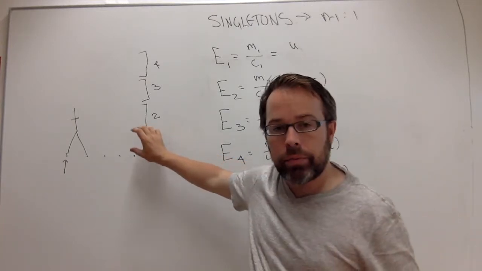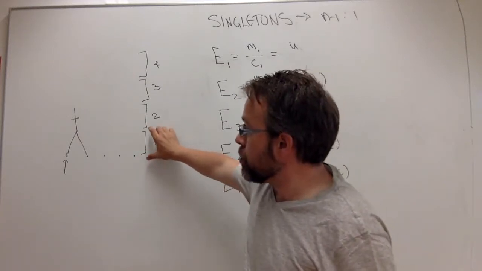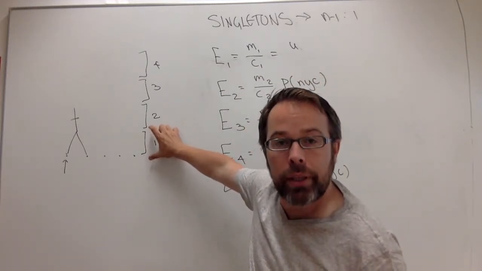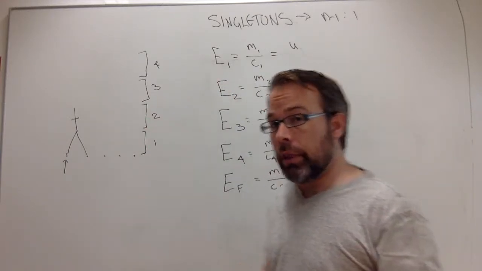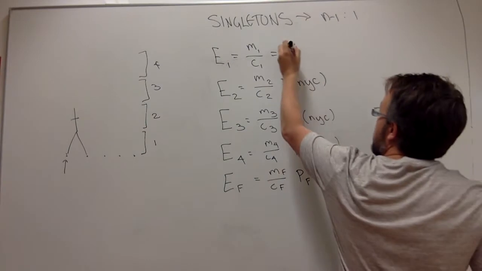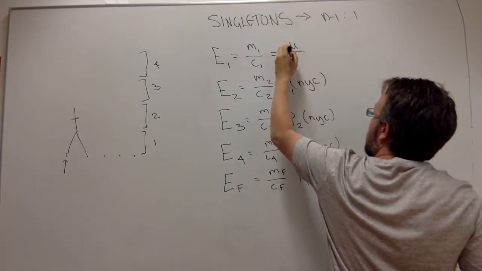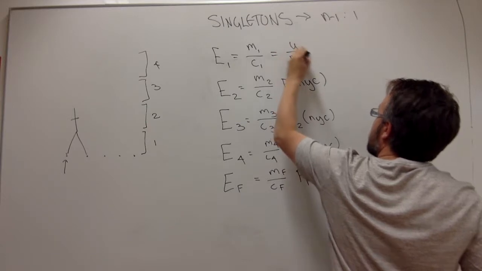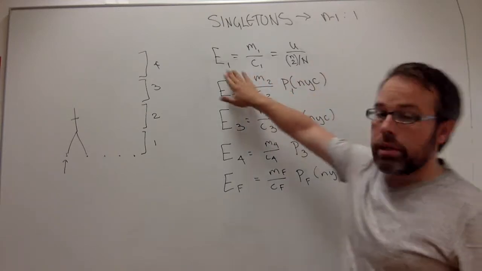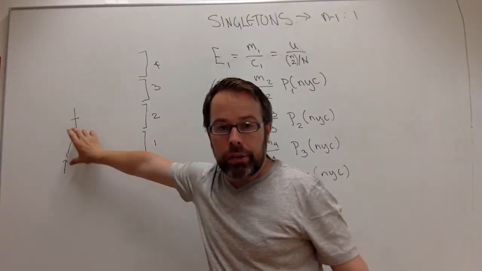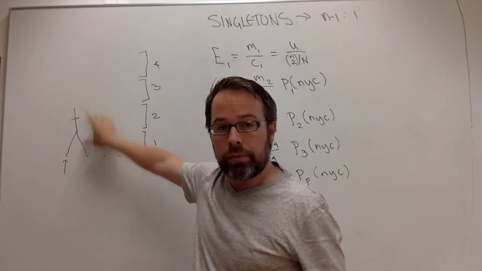Our C1 is just our normal C1, because we're waiting until the first coalescent event, whoever is involved in it. And we said that was n choose 2 over n. This is the expected number of singletons that arise in our sequence of interest in the first interval.